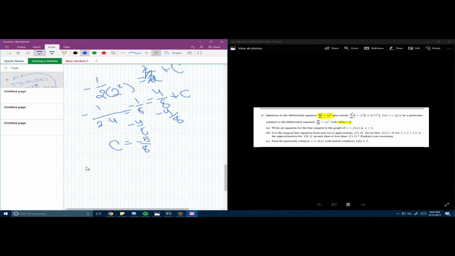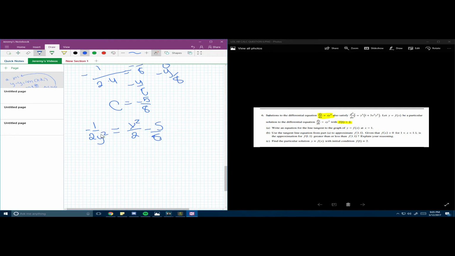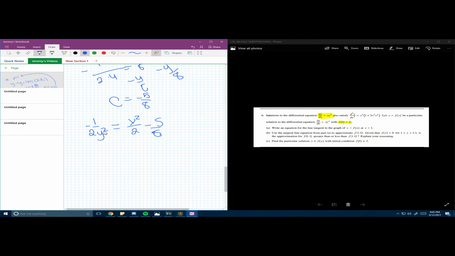And now we have to plug this in to our original equation. Alright, now let's start simplifying to just get y by itself.